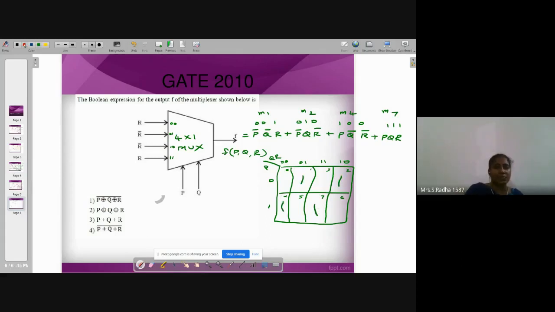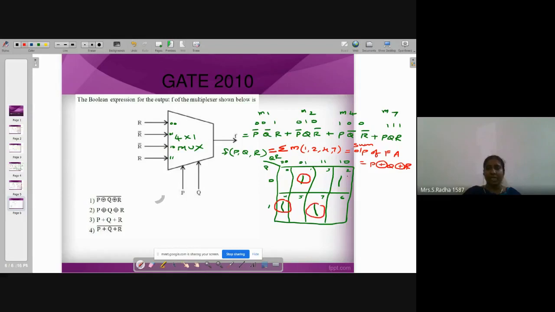Now if you see, the function of PQR is nothing but min terms of 1, 2, 4, 7. This is the output of a full adder, the sum in a full adder, which is nothing but an XOR operation: P XOR Q XOR R. So you cannot simplify this K map; the terms are coming individually.